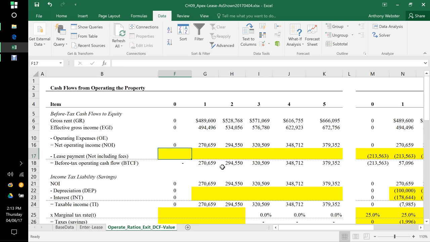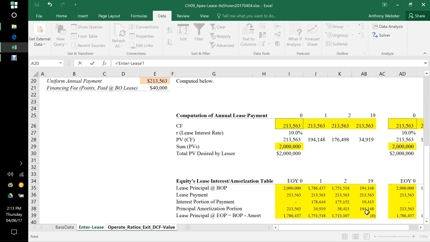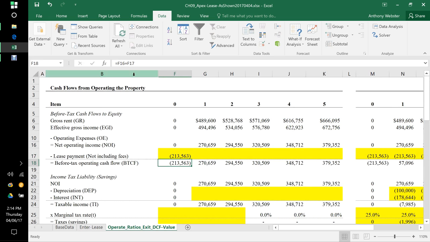Here we do have the lease payment at T equals 0 to give them the right to use the property for the year. So I want to put that in.